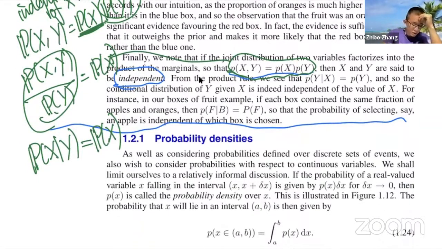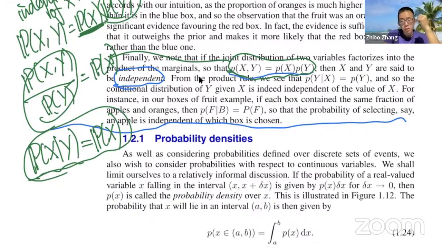So if this happens, the conditional density of x given y is equal to the marginal density of x, then basically y didn't play any role here, right? So it basically means that x is independent of y.